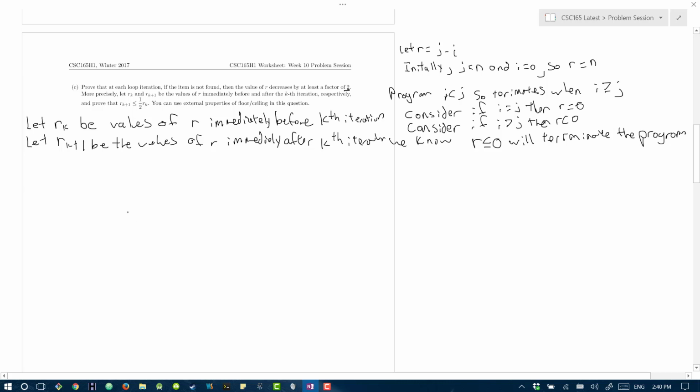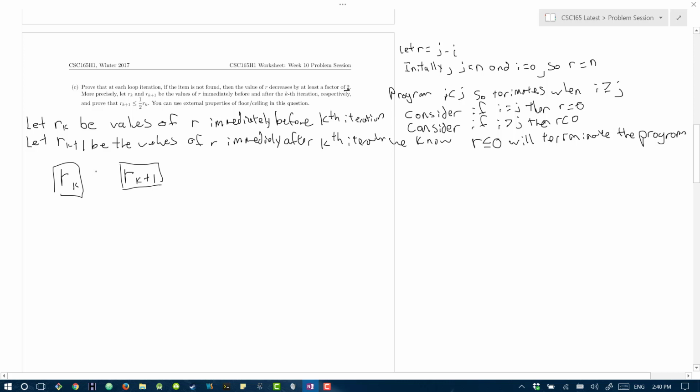Since we know it decreases by a factor of 2, let's think about r_k being some iteration. What do we know about r_{k+1}? Well, after this iteration, the value is going to be half.